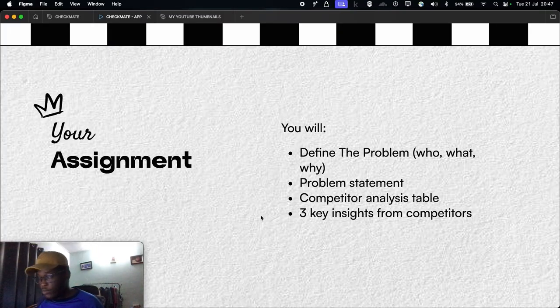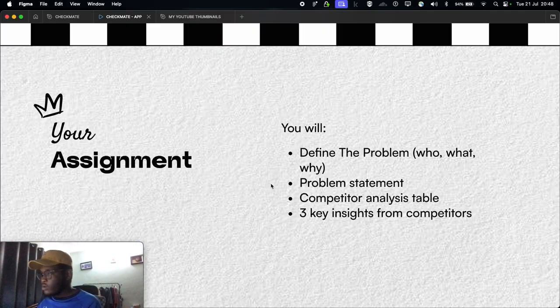Who, the user, what, the challenge, why, the outcome, right? The outcome, do you get? And then the problem statement. I've given you a template already. The template covers the users, their reason, the challenge.